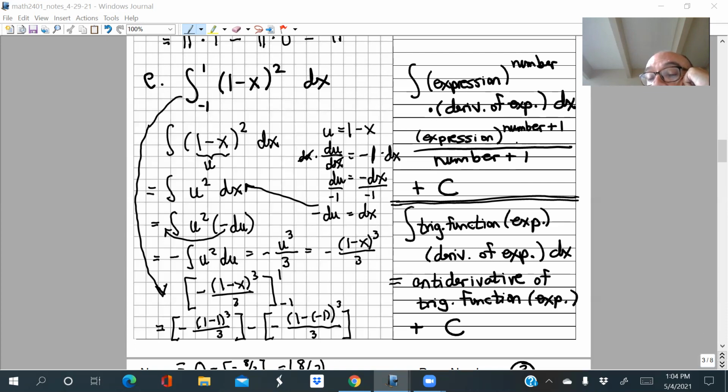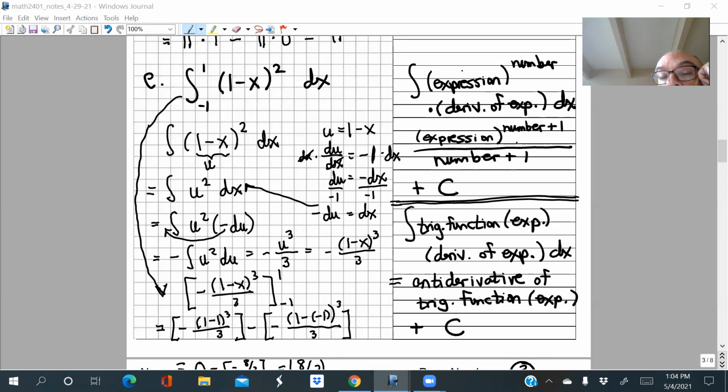The second case is when you have a trig function of an expression, not just a trig function of x, but, say, a trig function of 1 minus x, or x squared plus 3, some expression involving x. Sine of that, or cosine of that, or tangent of that, then that's another situation where integration by substitution is often helpful.